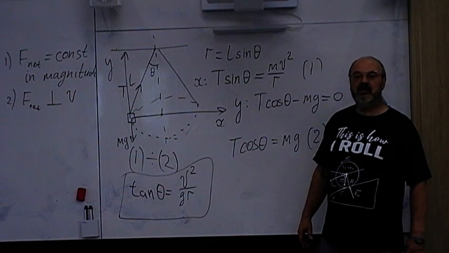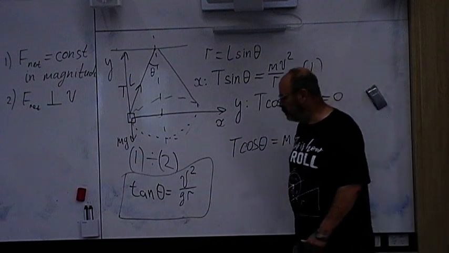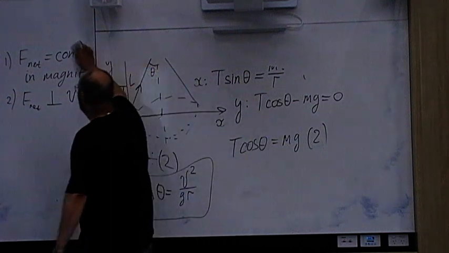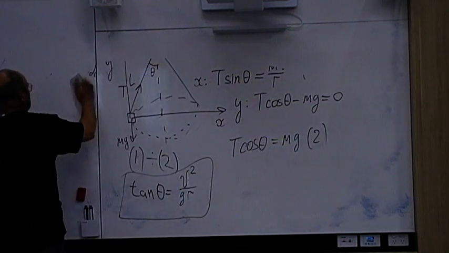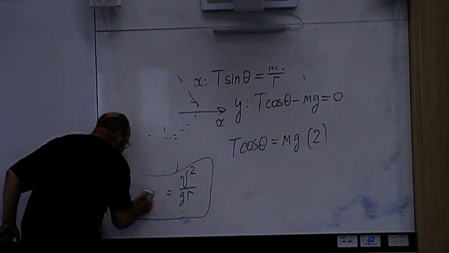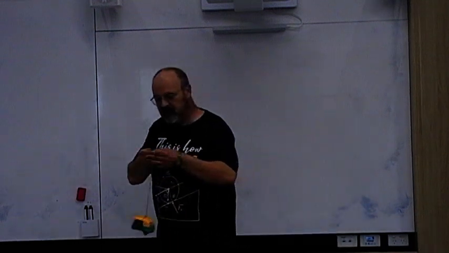Let's have a look now. That's the horizontal. Let's have a look at the vertical circles. With vertical circles, it is slightly different because we make the assumption that the speed in the vertical circle is constant.